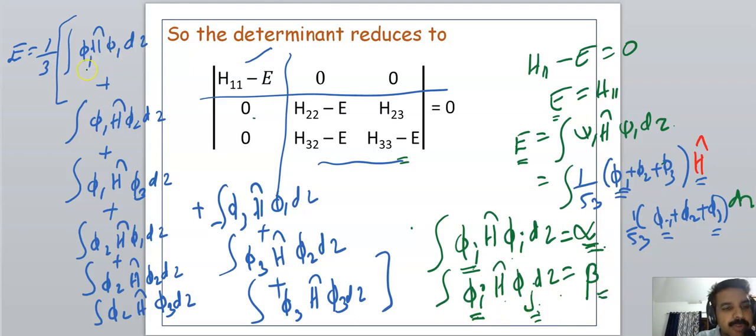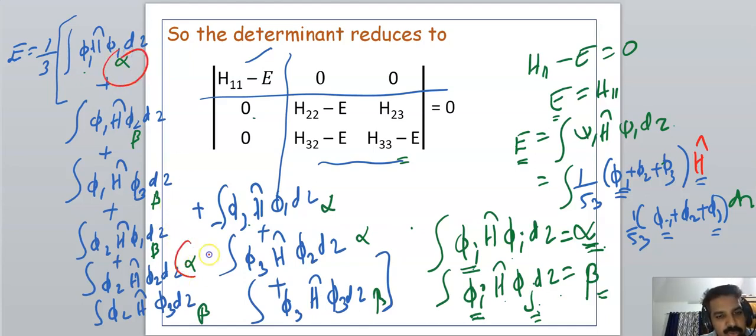So this becomes phi 1 phi 1, therefore it is alpha. This is phi 1 phi 2, this is beta. Phi 1 phi 3, again beta. Phi 2 phi 1, beta. Phi 2 phi 2, alpha. Phi 2 phi 3, beta.